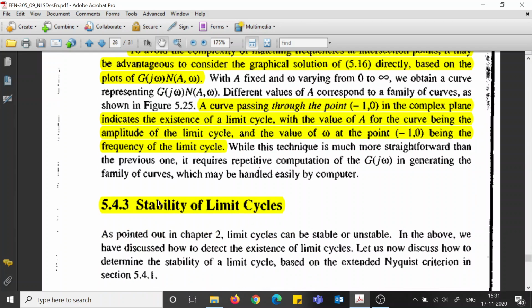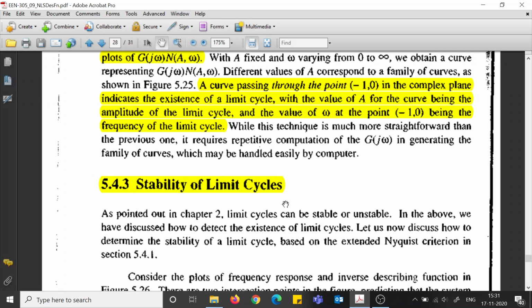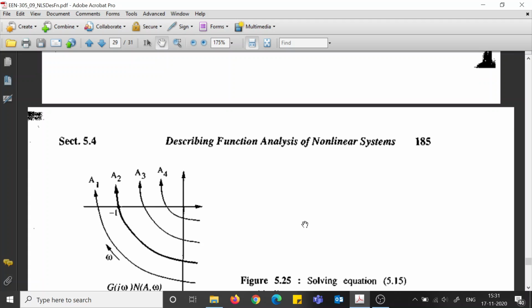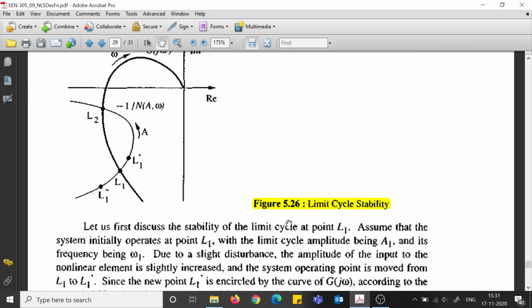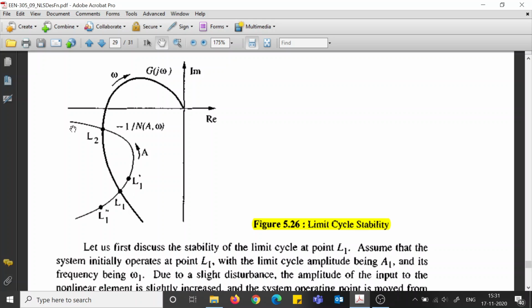Now the most important part: what do we do about the stability of the limit cycles? We have found that there are some limit cycles, but can we decide whether a limit cycle is stable or not? Yes, we can. Look at this graph: this is the minus 1 by N(a, omega) line, and this is the G(j omega) line. They intersect at 2 points, L1 and L2.